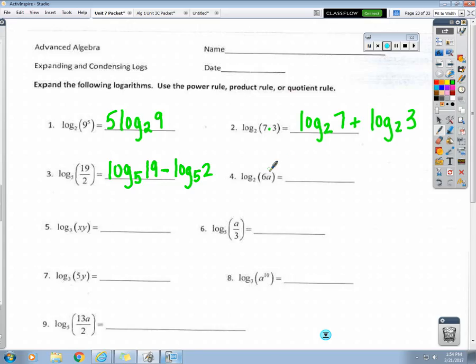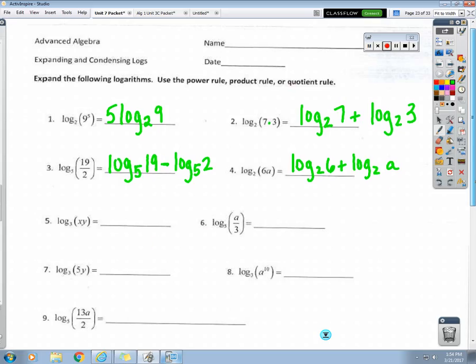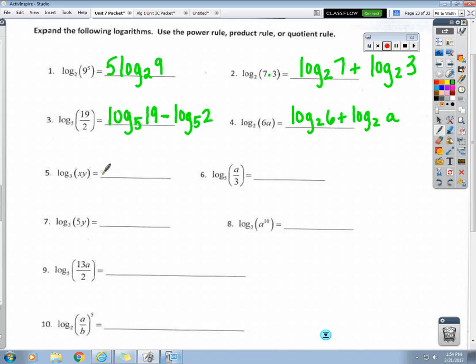Number 4, what property are we dealing with? Product. So what will the expanded form look like? Right, log base 2 of 6 plus log base 2 of 8. Okay, number 5, what property are we talking about? Product again.